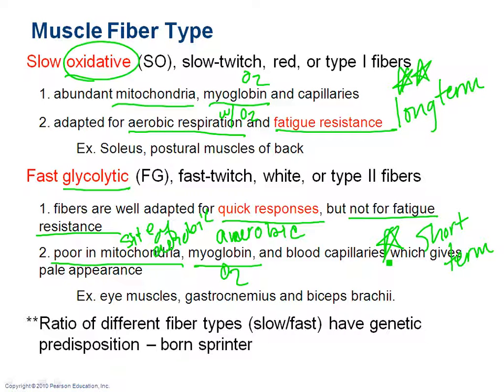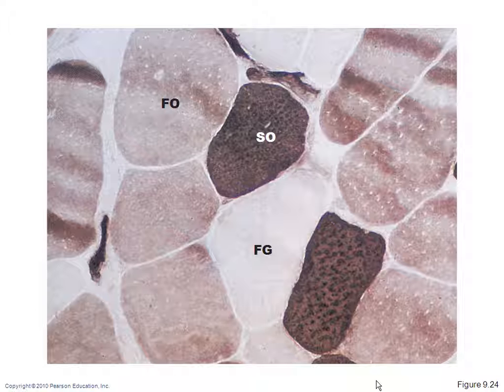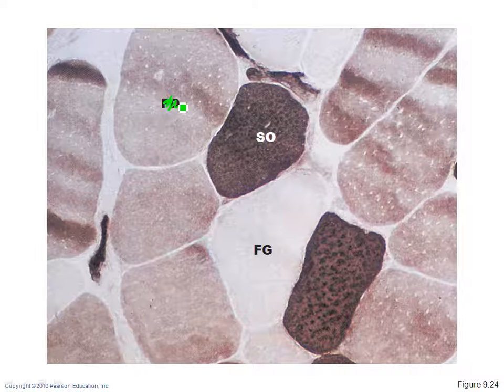So I would go through this and make a little list. Slow oxidative means aerobic respiration, long term, endurance, fatigue resistance. Fast glycolytic, more anaerobic, quick responses, short term exercise. Just to make sure that we understand these two concepts, because people often get them confused. For right now, let's not worry about this other type. There is another type that we can look at, but I don't want to get into it today.